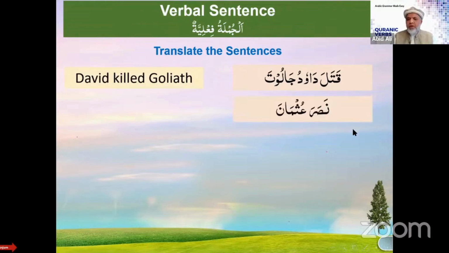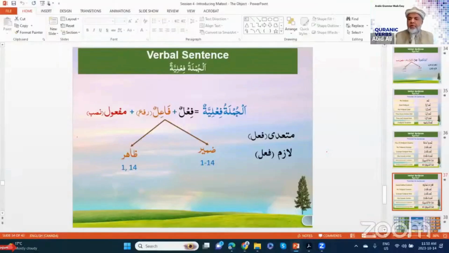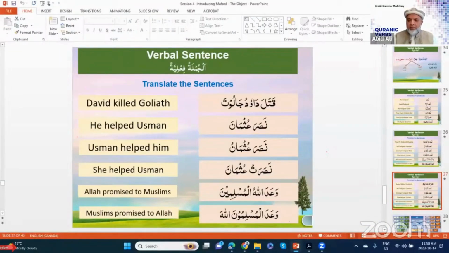So what did we learn today from all of these things? Let's summarize. We wanted to make sure we know our verb. A verb has a built-in fa'il inside, and that fa'il can also be outside. So Siga number 1 and 4 allow the outside fa'il. For the rest of the Sigas, you don't need to worry about finding an outside fa'il. The same rule applies to maf'ul.